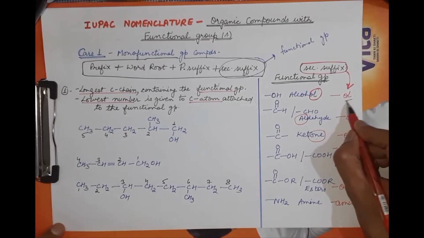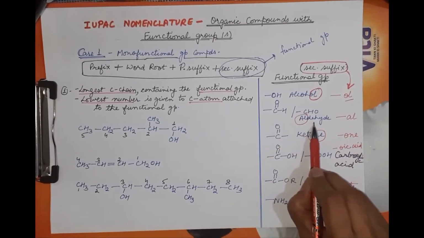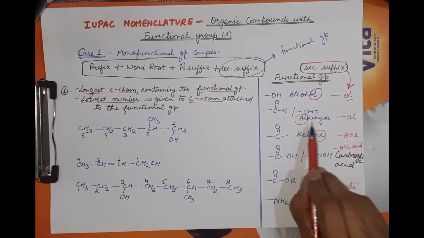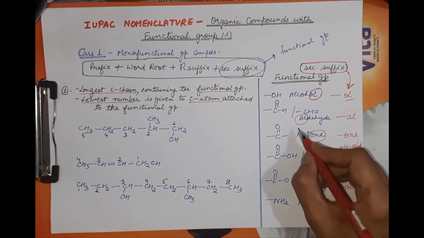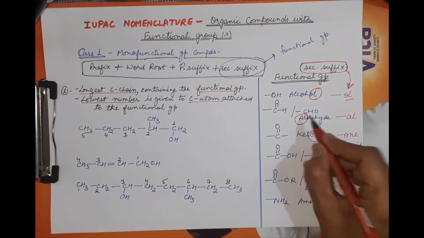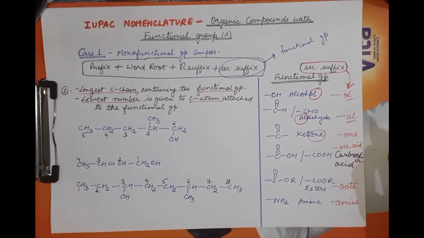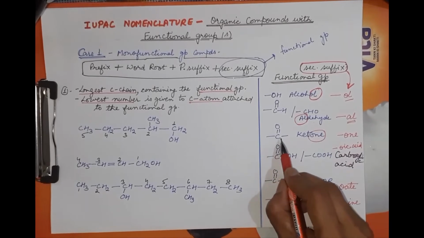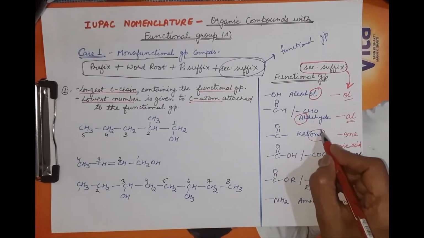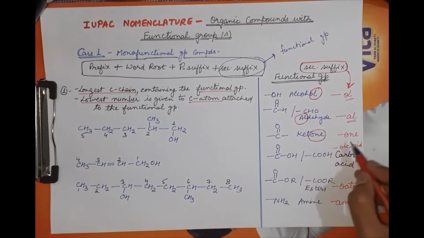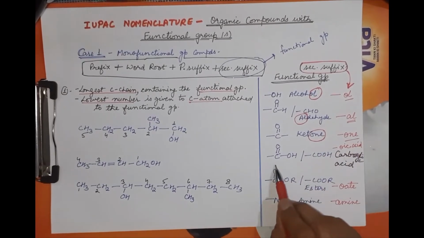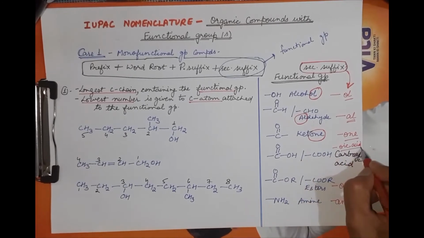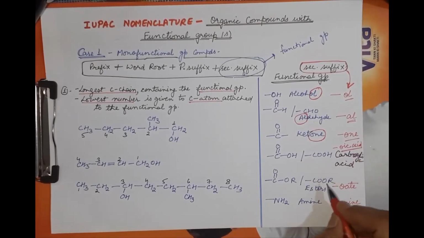In case of aldehyde, which is shown by the CHO group, this AL is added as a secondary suffix. In case of ketone, which is CO, this ONE is added as a secondary suffix. In case of carboxylic acid, COOH, this oic acid is added as the secondary suffix.